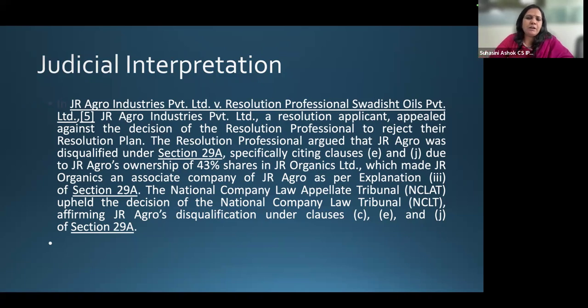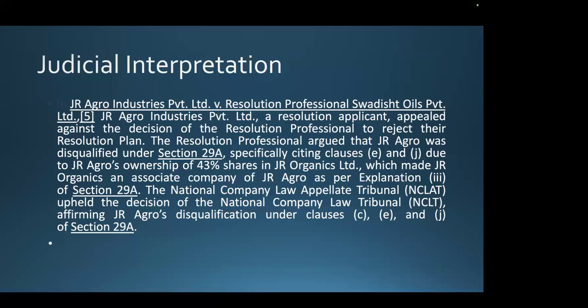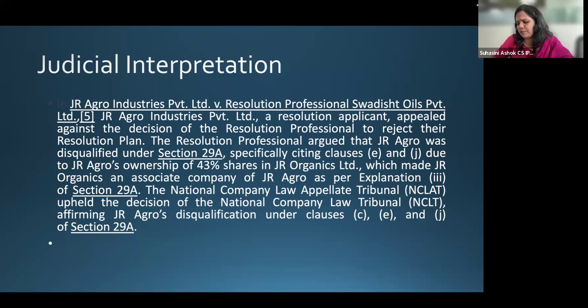So again, NCLAT held that the disqualification under clause C, E and J, that is connected person. What are clauses C, E and J? I'll just read out the clauses under which they were disqualified regarding this associate company, because this is important.